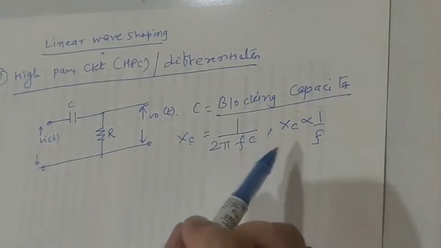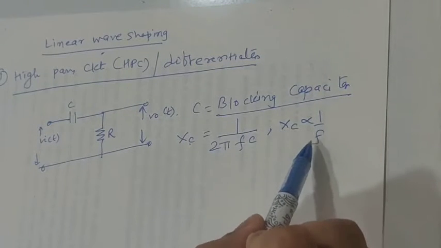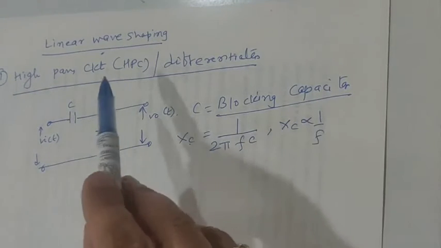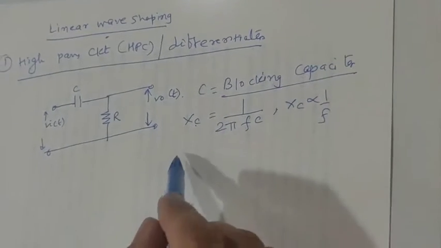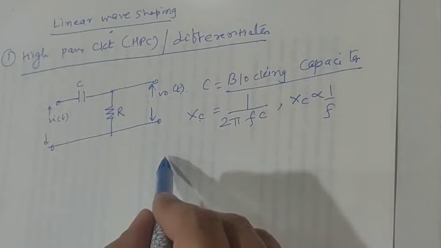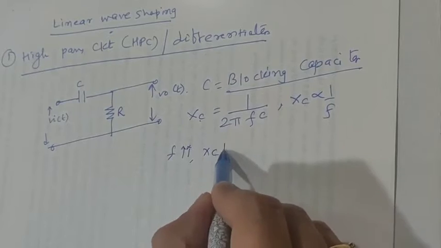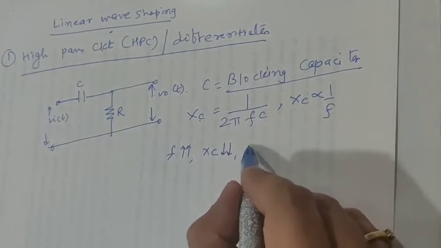The meaning is, if the frequency is high, XC is going to be low, and if the frequency is low, XC is going to be high. So this concept I am going to use for my purpose of high passing the signals. Now how is this going to work? When the frequency increases, XC will be low, the capacitive reactance will be low, and it will behave as a short.